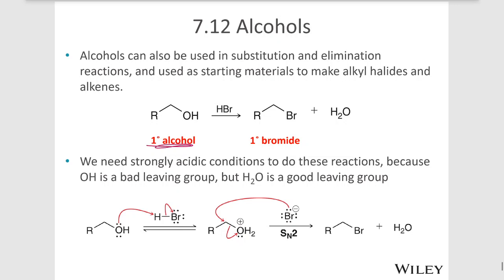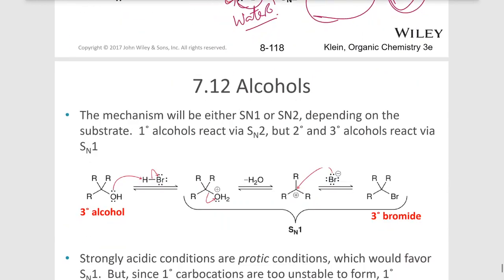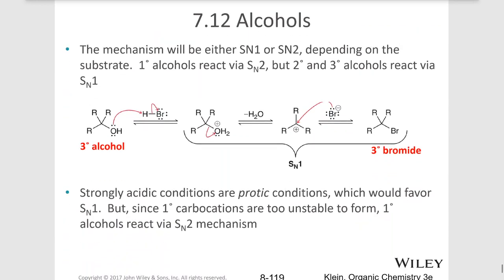Even though alcohols are not good leaving groups, the first step in this reaction would be to protonate this alcohol. So this is in acidic conditions. We've got HBr, which is a strong acid. We protonate the alcohol. Now we've got water as a leaving group. Water is an excellent leaving group. So now the bromide can come in and attack, kick out the leaving group, and give us our product, which is an alkyl bromide. Water was our leaving group, and that's going to be very stable.